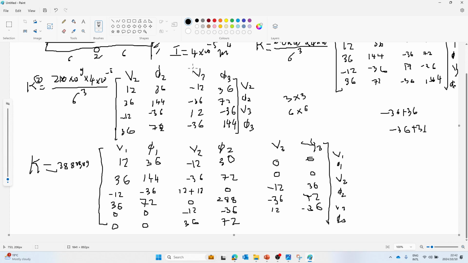Now you move to V3, phi3: minus 36. What else do we move? Phi3, phi3: 144.